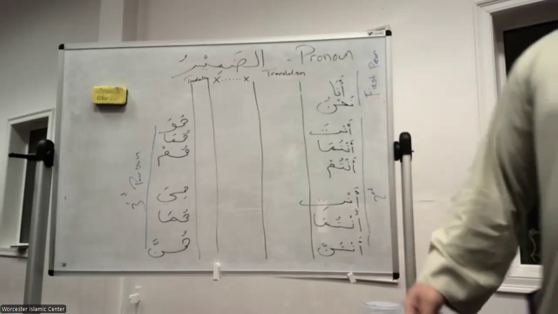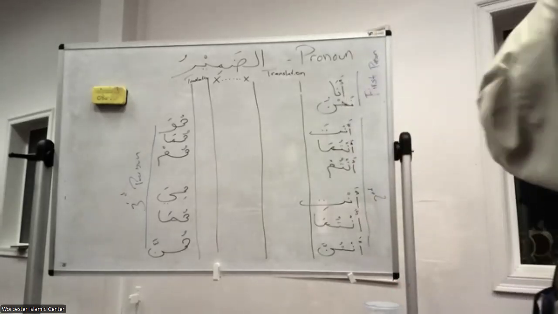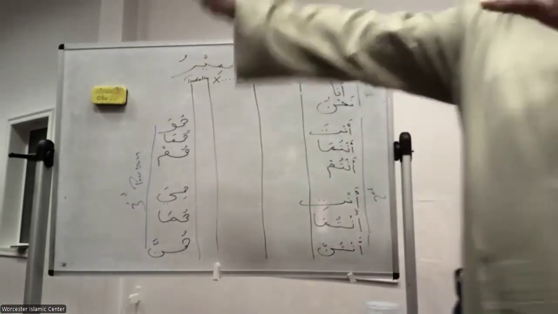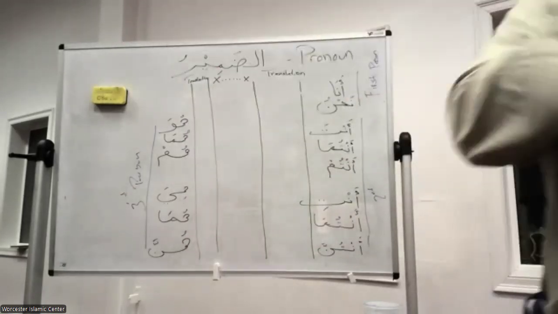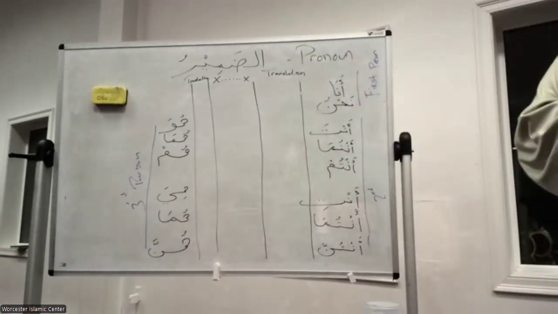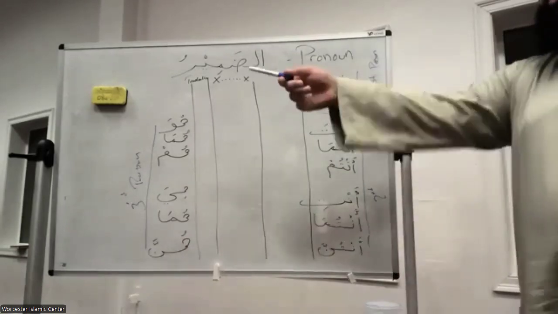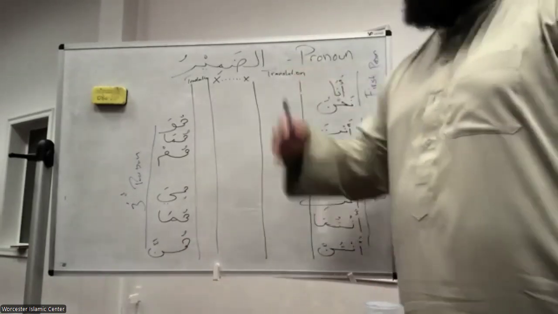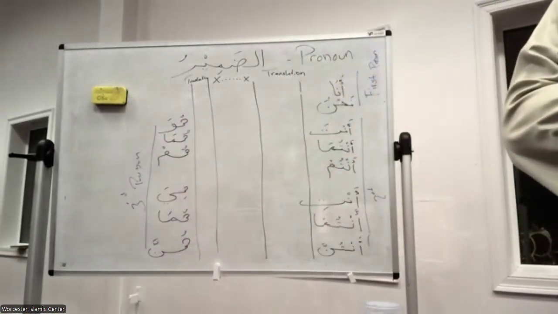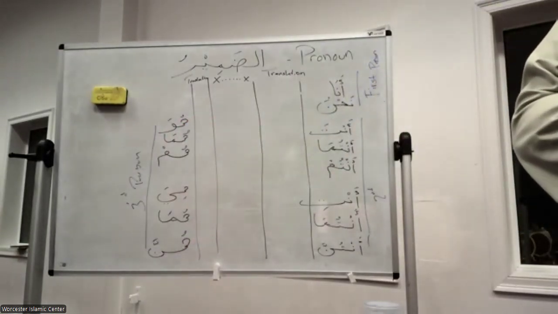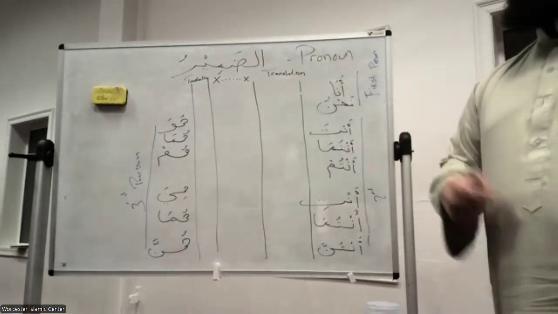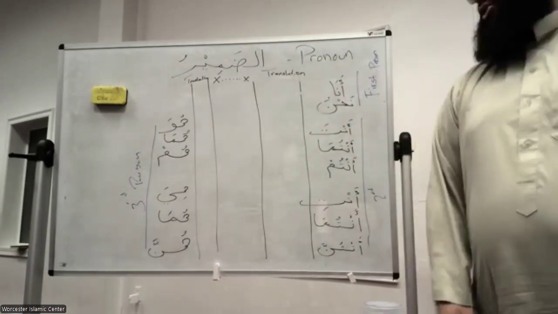All of these are second person, talking about you, meaning the person you're speaking to. And all of these are third person, talking about someone who is not in the conversation. Third person means they are not in the conversation.